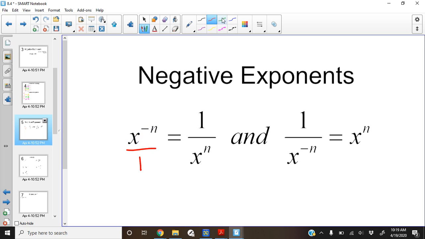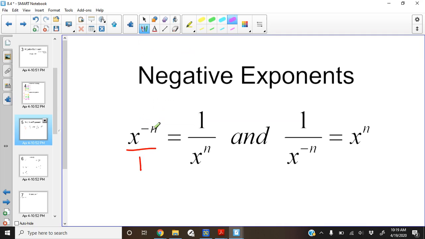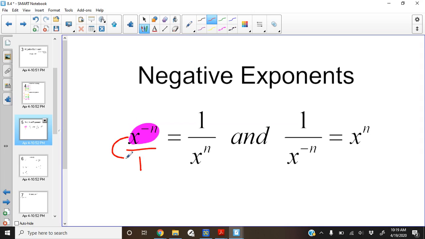And anytime you have a negative exponent, the quantity with the negative exponent has to move to the opposite part of the fraction. In this case, if it's in the numerator, it goes to the denominator and turns into a positive exponent. And if it is in the denominator, it goes to the numerator and turns into a positive exponent.